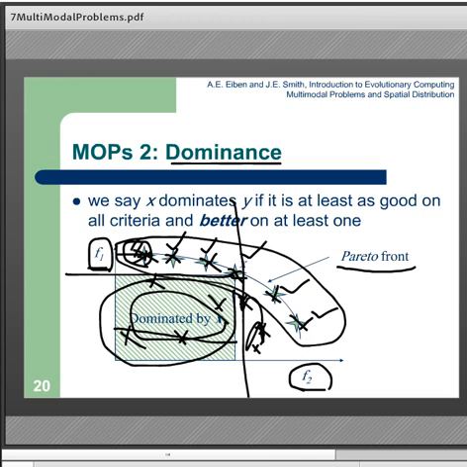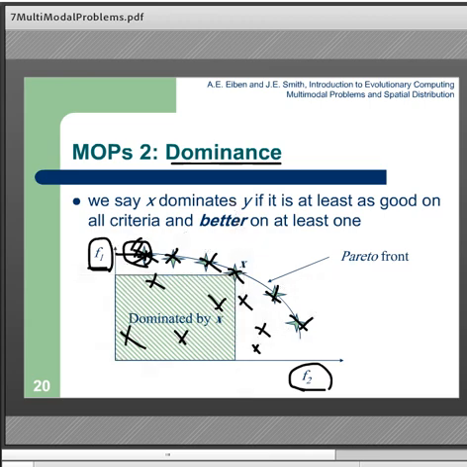So the Pareto front is a collection, a set of solutions, not one solution that is good with F1 or F2. Can you tell me which one is the best solution? I name them 1, 2, 3, 4, 5, 6. Can you tell me which one of 1, 2, 3, 4, 5, 6 is the best?